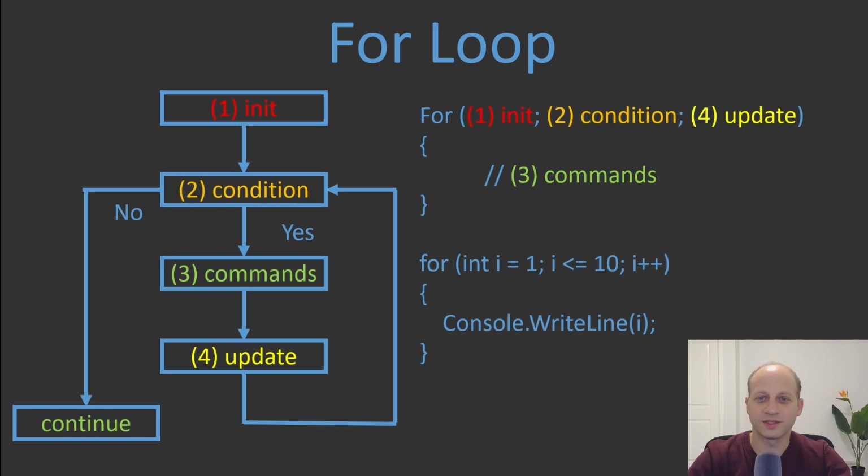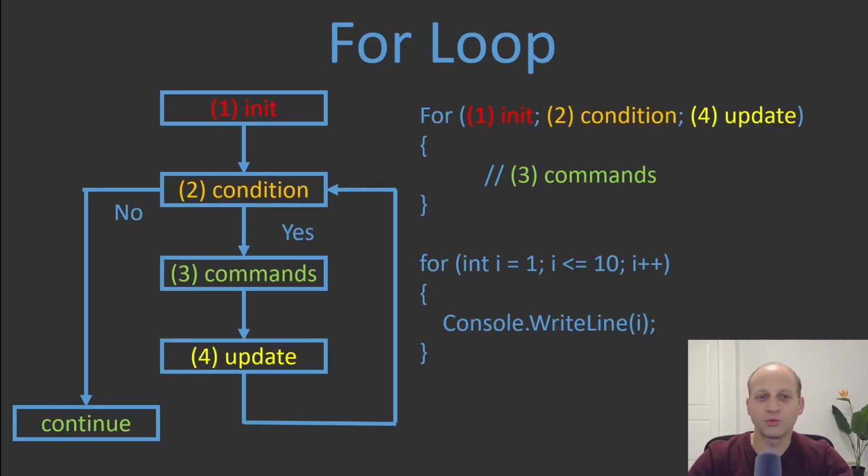The second part is the condition. As you can see in the diagram, this is where we check if the condition is met in order to decide whether to go inside the loop or not. Then we have the commands that run as part of the loop's block. After the commands of the loop run, we should make an update as a preparation for the next iteration.